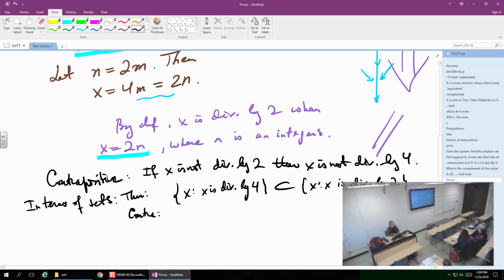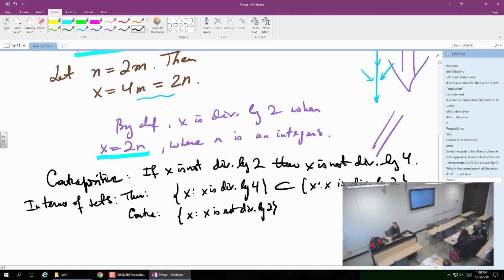Now the contrapositive. You remember what it corresponds to: reversal of the inclusion and negation of the statement, or the complement. So I'm doing the complement now. The complement of x is divisible by 4 we can say is x is not divisible by 4.